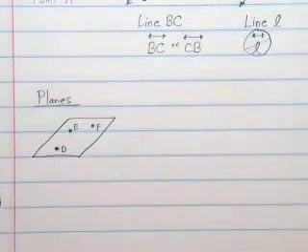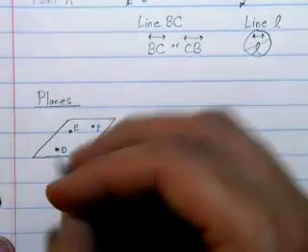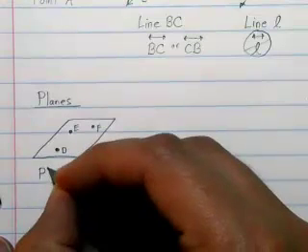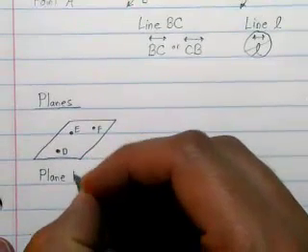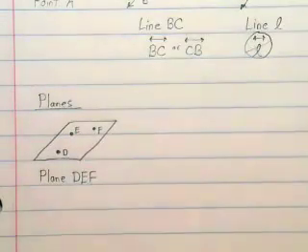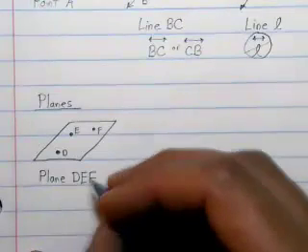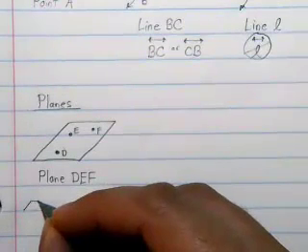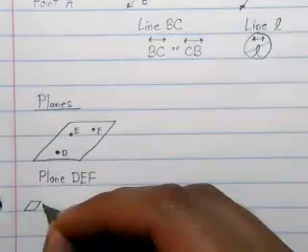So that would be plane DEF, or whatever order you want to choose of those 3 letters. It could be plane FED, or EFD, or EDF. Any combination is good. And then the little notation is this.